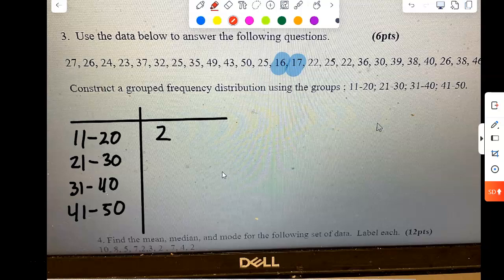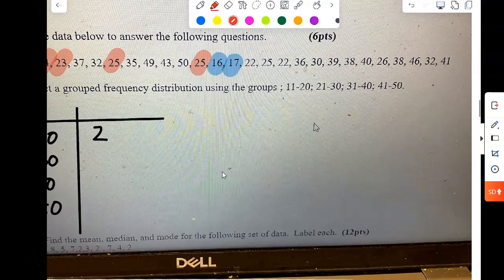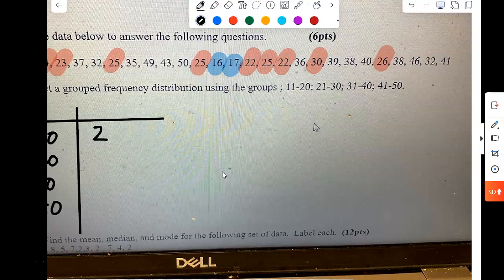So getting my highlighter out. 1, 2, 3, 4, 5, 6, 7, 8, 9, 10, 11. It looks like there's 11 of those.